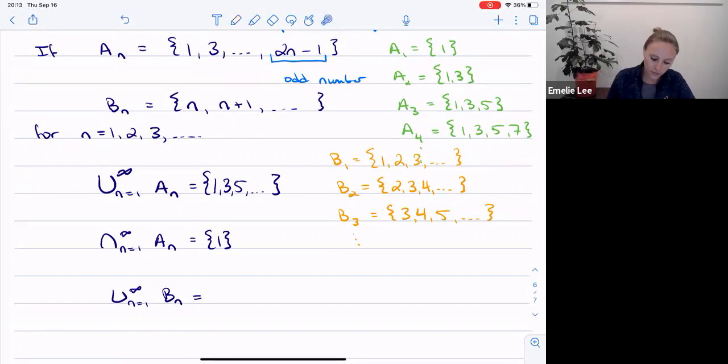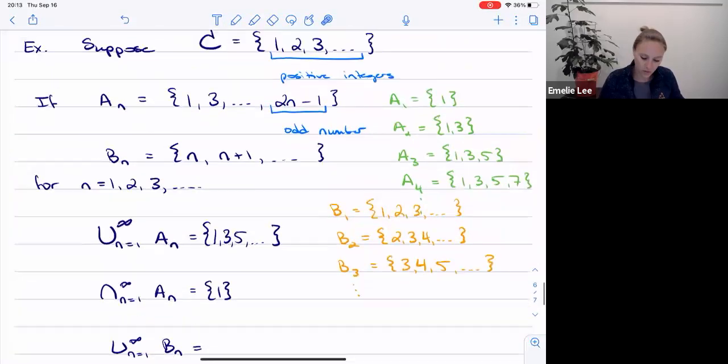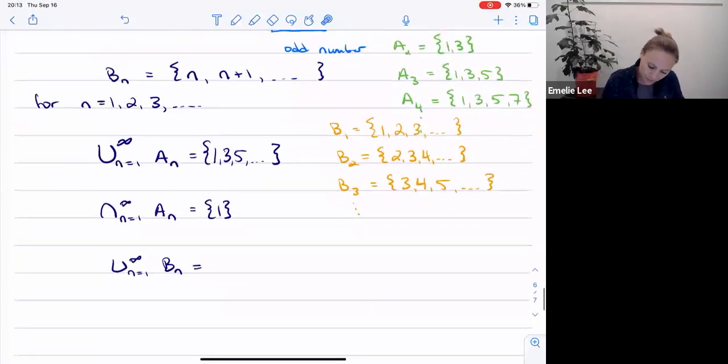And so if we're looking at the union of the B's, right? So the union from B1 to B infinity is going to be starting here at 1, because that is a possibility. And then if it's in B1 or B2 or B3, it's all going to go from 1 to infinity.